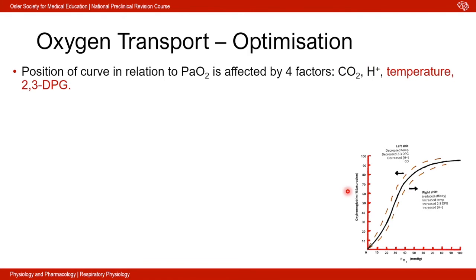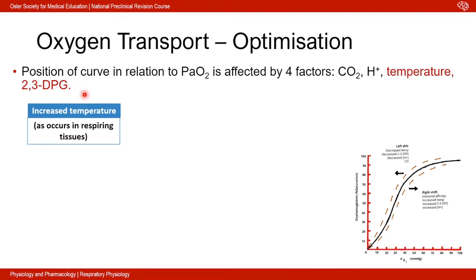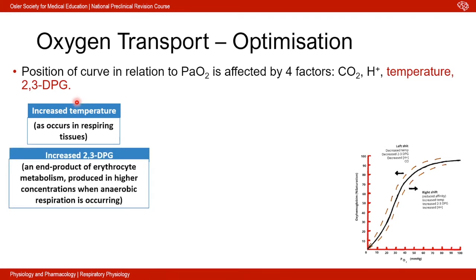Right, so now looking at the temperature and this molecule called 2,3-DPG. So we know respiring tissues like muscles, you're going to have a higher temperature because respiration is exothermic. Then we've got increased 2,3-DPG, which is an end product of erythrocyte metabolism. So that's also going to be in places where more energy is being used up, and therefore there's more anaerobic respiration.